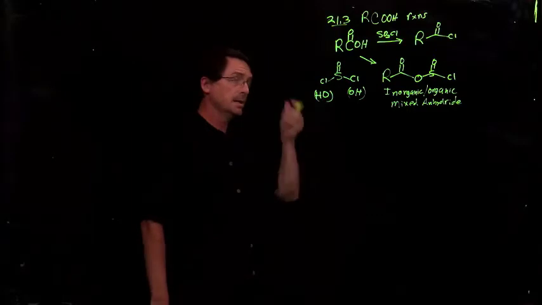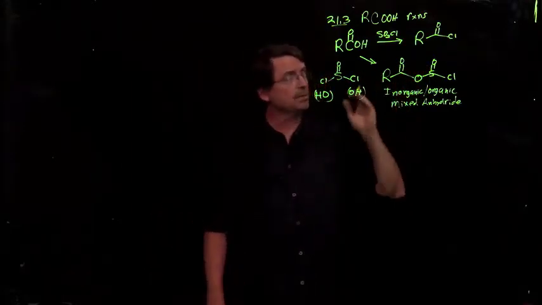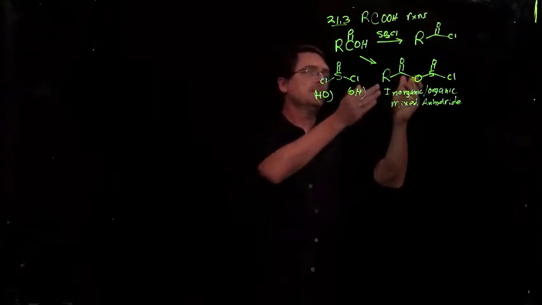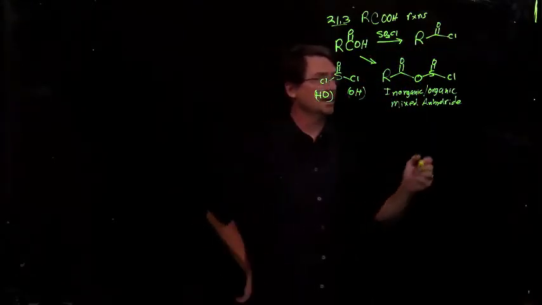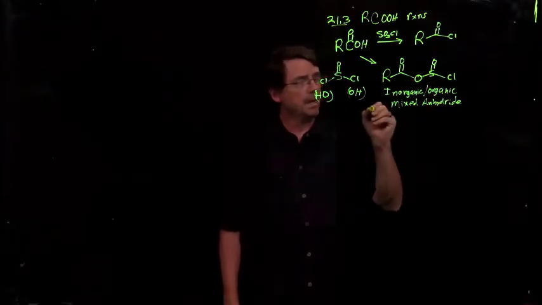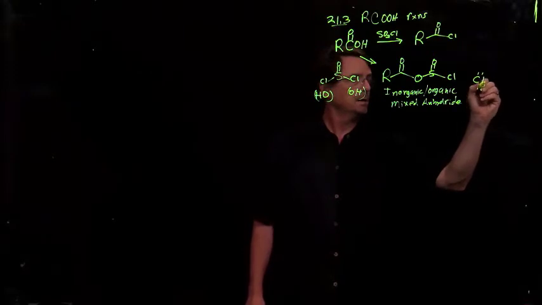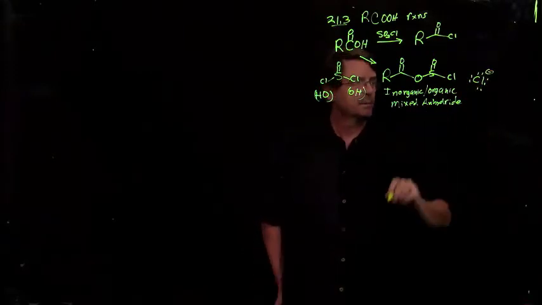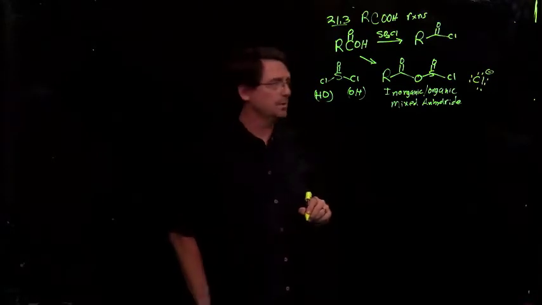It's a mixed anhydride. And because it's this mixed anhydride of sulfuric acid, it's actually more reactive than the acid chloride itself. And so when this reacted, we got chloride out of it. Of course, there's a proton floating around out there somewhere to balance the charge.